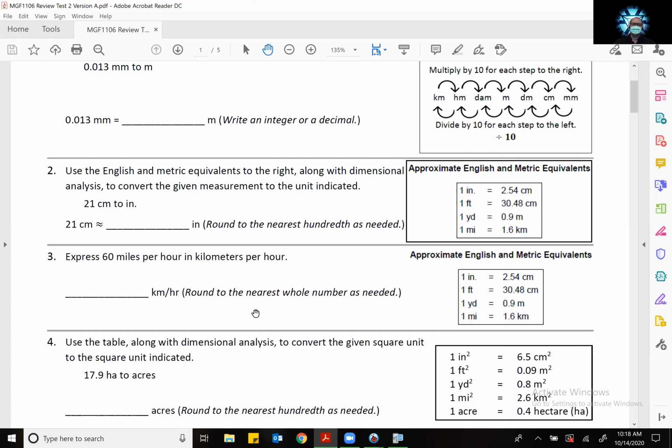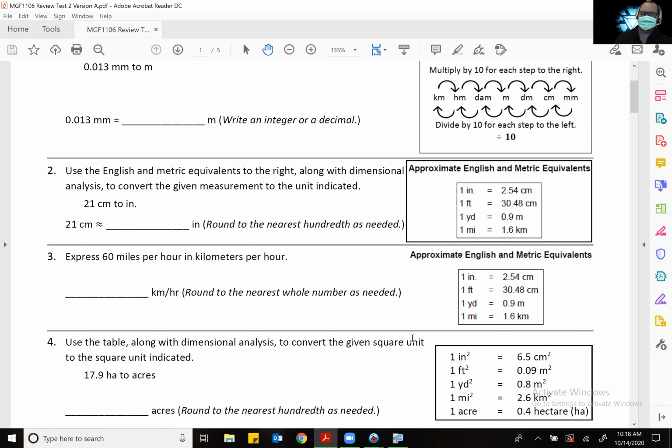So over here, what is the conversion we need to use? The 1 inch equals 2.54 centimeters. All right, exactly right. 1 inch equals 2.54 centimeters. Thank you, Abigail.